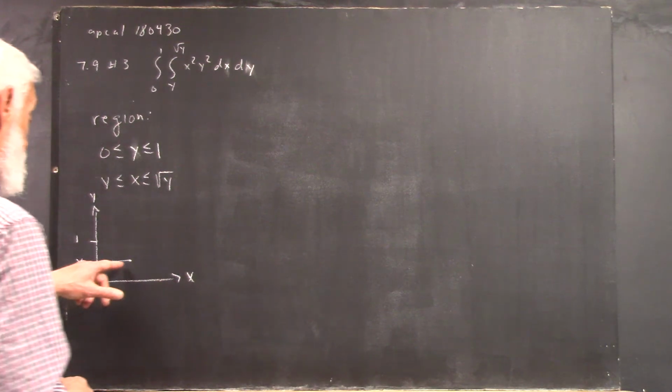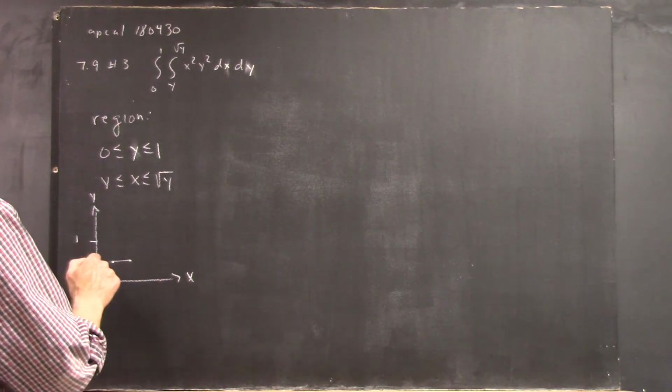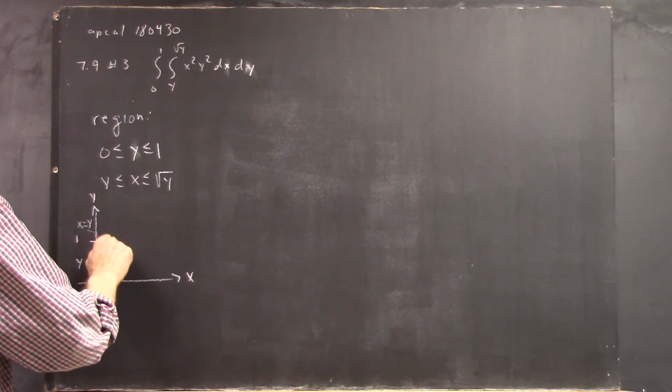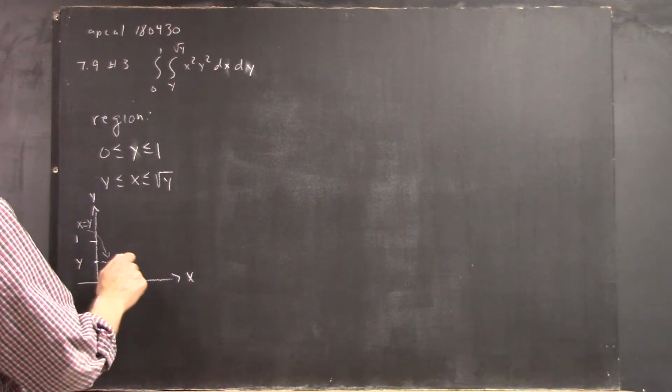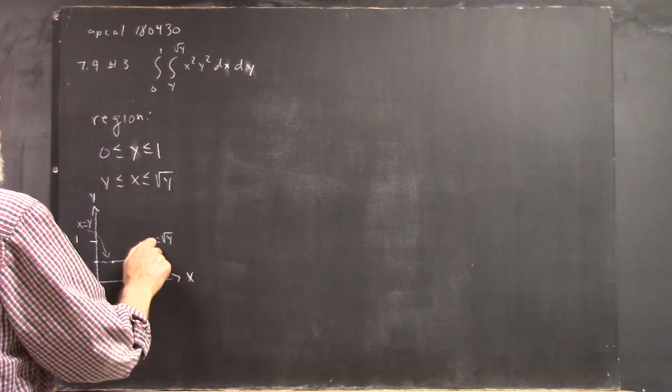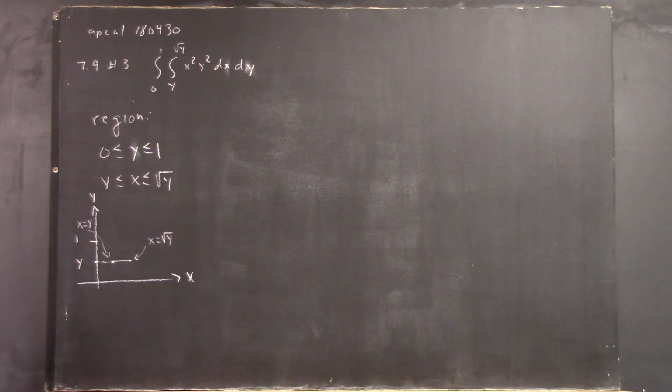Okay? So here, x equals y at this point, and x equals the square root of y at this point. Okay? Whatever y is.